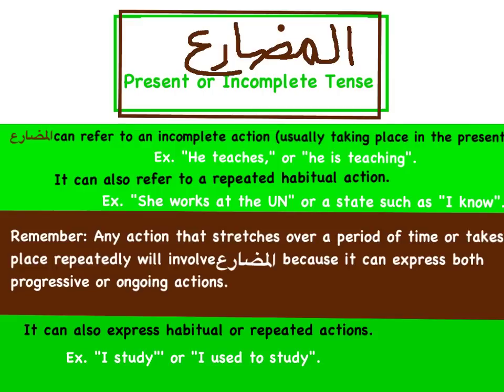In Arabic we say أنا أدرس, and you can say أنا أدرس كل يوم to say that it's a habit. Or when you're referring to an action that was a habit in the past, you can use المضارع and say أنا كنت أدرس. Notice that أدرس is مضارع form. So أنا كنت أدرس كل يوم في الجامعة مثلا.